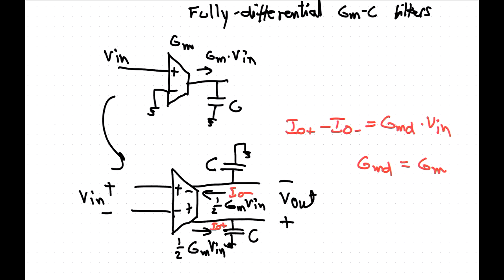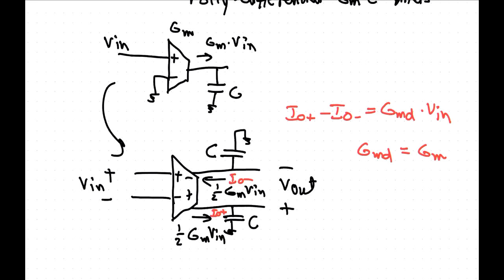So what you could do, if you wanted to, is make a different option here, where you put the capacitors in between here. So this would now have to be half C, and these are still the same here.